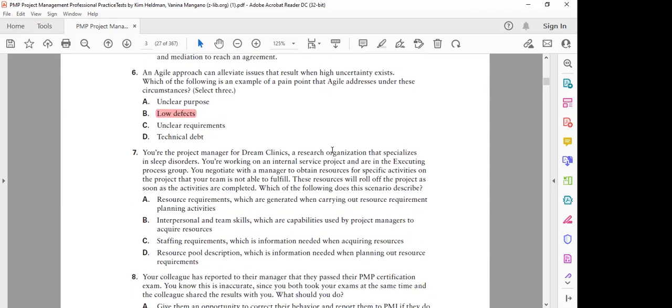Question number 7: you are a PM working on an internal project in the executing process group. You negotiate to obtain resources that your team is not able to fulfill. These resources will roll off the project as soon as the activities are completed. What is this situation explaining? Resource requirements.